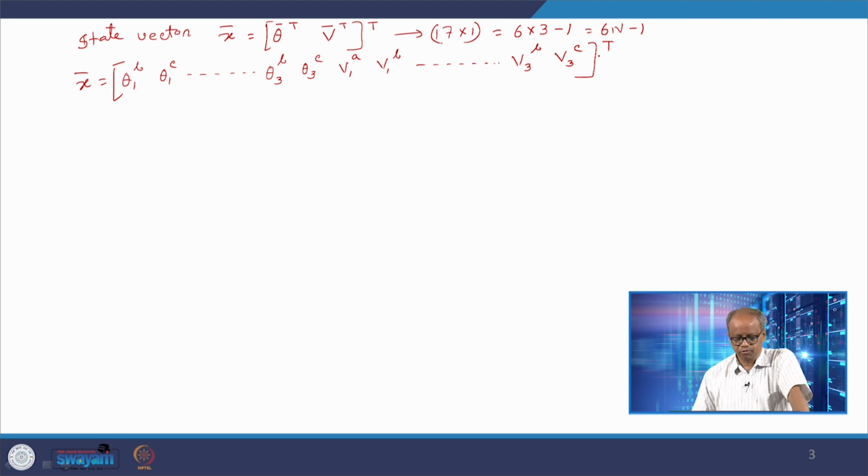Right, so this is the case for a simple 3 bus system.